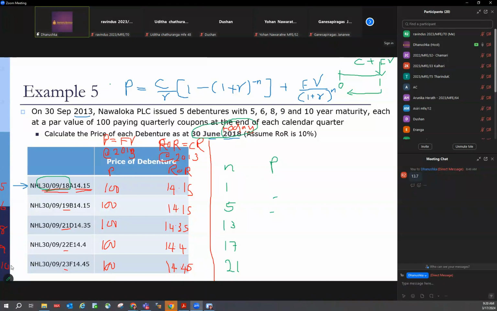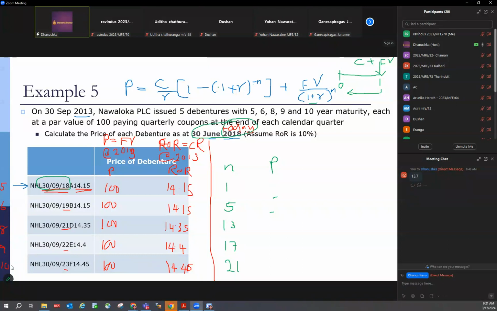It's too low. Are you taking the face value into consideration? Yeah, madam, I think then maybe you're putting this minus n correctly?